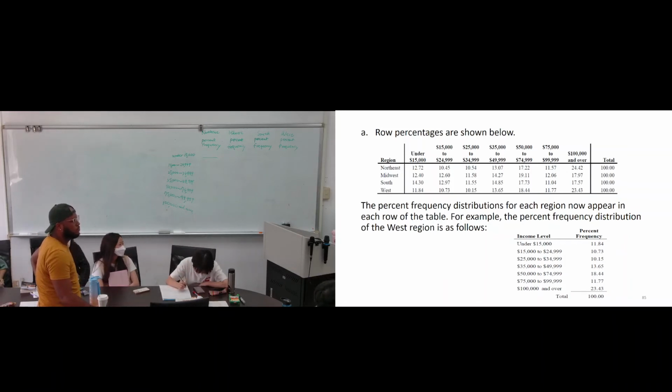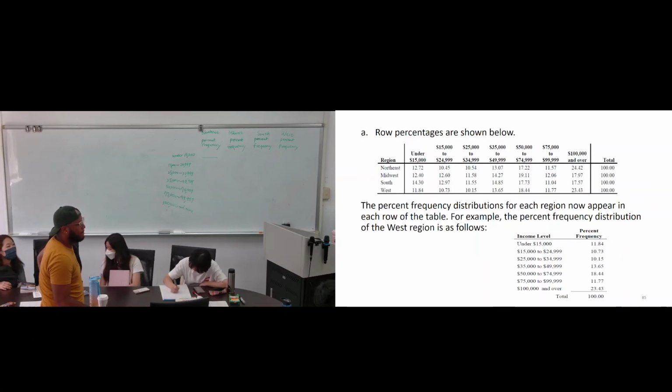So that's question A. First we convert the table into row totals, and after that we present the percent frequency for the four regions.